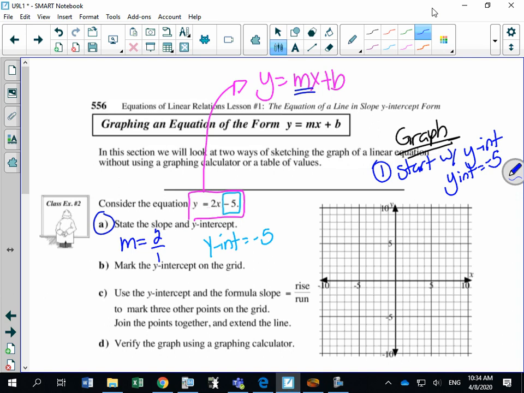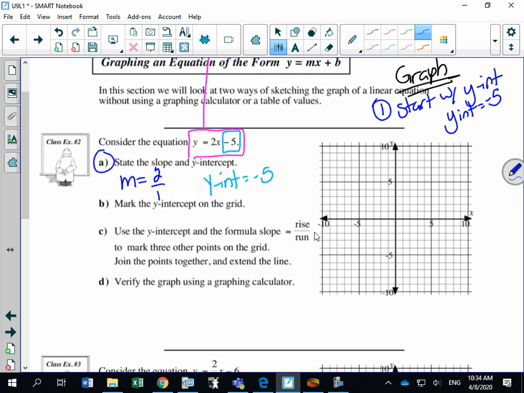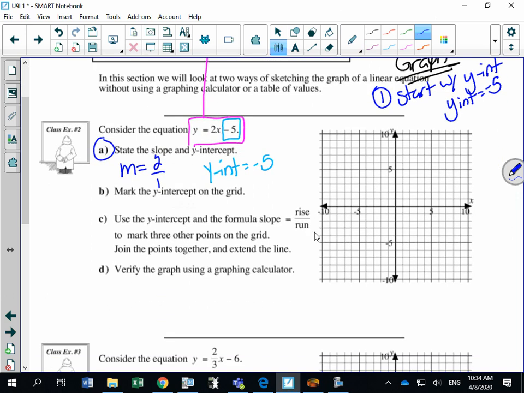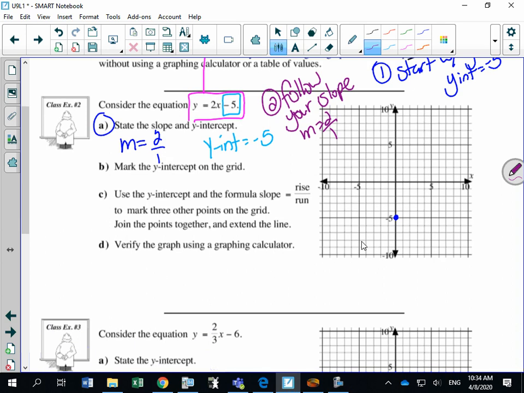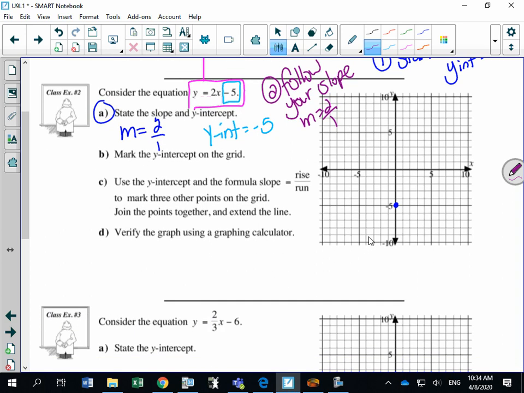So go to your graph and put your ordered pair at -5. So right there. Then step 2 was you follow your slope. Follow your slope. So the slope was 2 over 1. What that means is you rise 2 and you run 1. And I would get there.